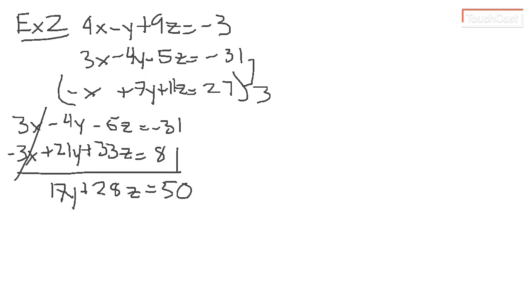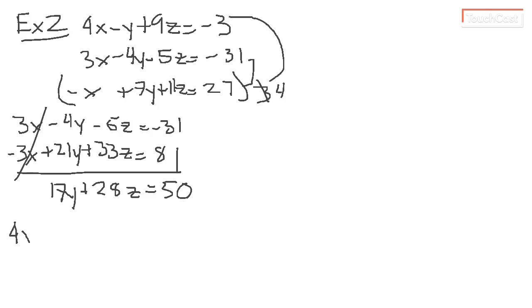Now I can take any combination of my first equation and the other two to also try to eliminate x. I'm going to take the first one with the last one, and this time instead of multiplying by 3, I'm going to multiply by 4 since I'm trying to eliminate the x.